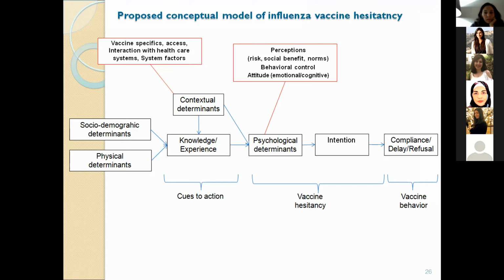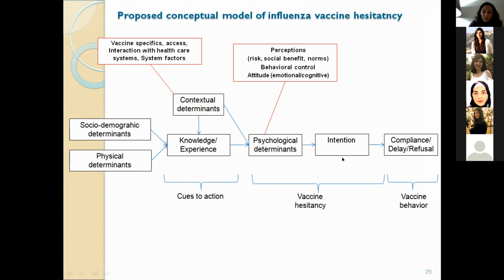So this is why I said that instead of putting vaccine hesitancy as an individual box, I would refer to it as a timeline or a stage that an individual passes through, and it will eventually lead into one of three outcomes, either compliance or acceptance, or a delay or a refusal, which is the actual behavior.